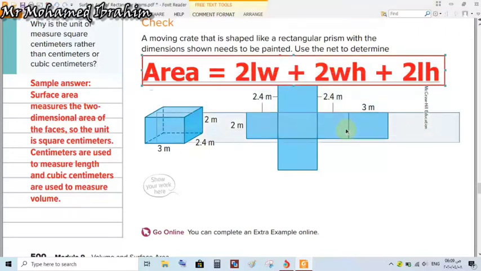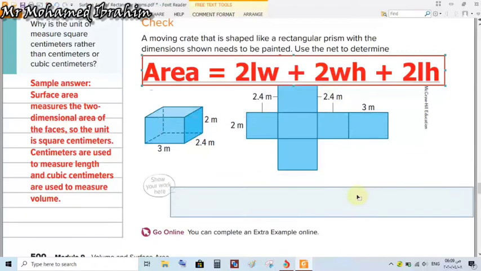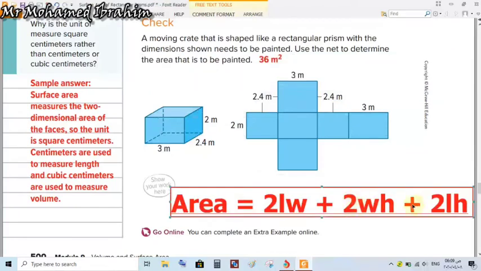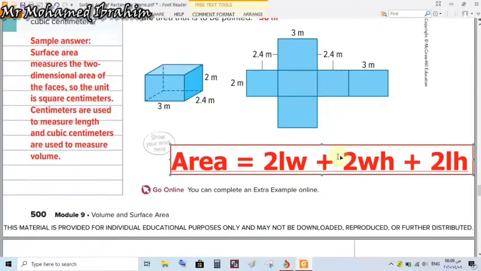So this is the rule we are using. I hope you understand the lesson.